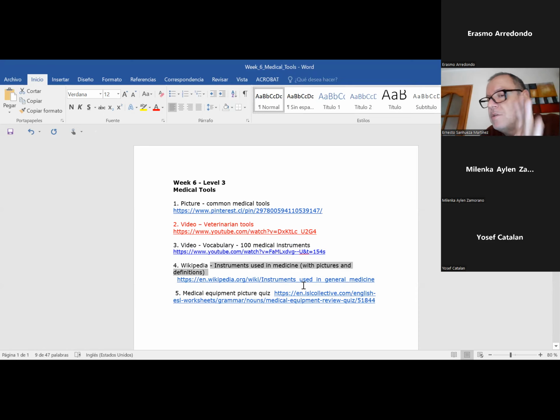Very simple definitions, similar to the definitions we made a few minutes ago. And finally, you have a picture quiz. You're going to go here and check how much you know about medical tools. Ese va a ser como el quiz para saber qué tanto pudieron lograr conocer y aprender de este tema. So 3, 4, and 5 are the online activities.